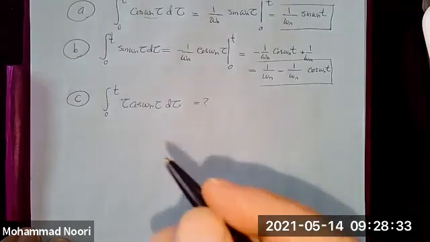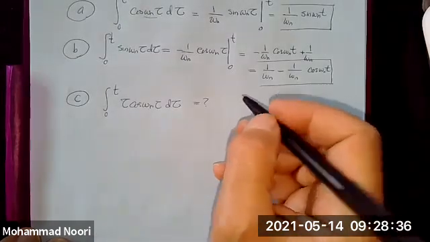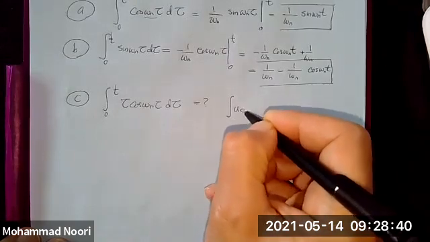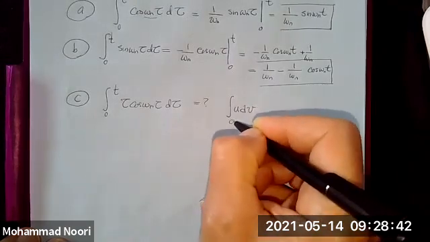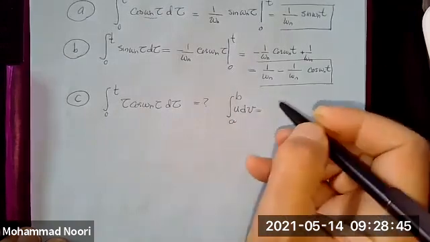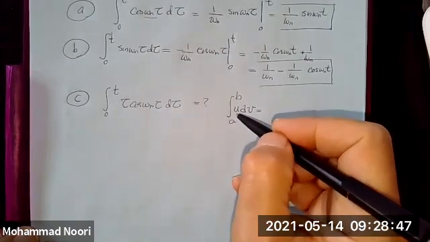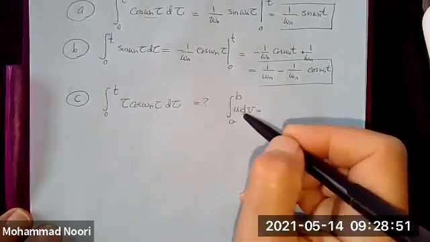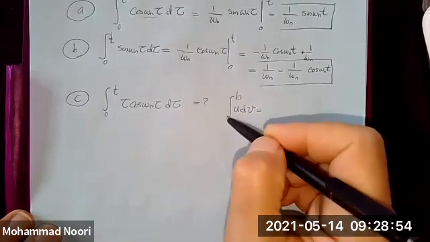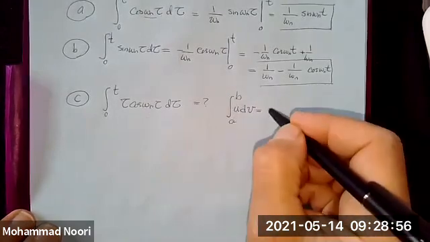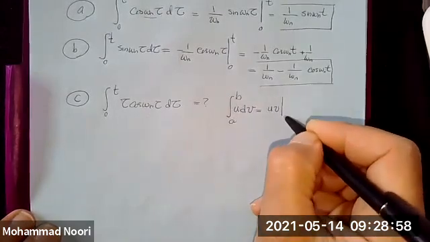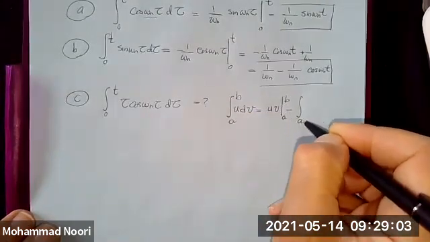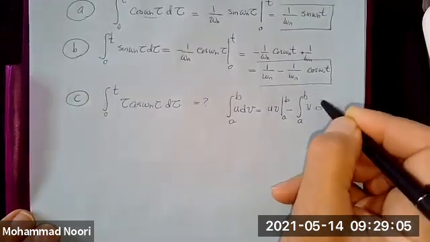What was integration by parts? The integral of u dv: if you consider one of those two functions that are multiplied as u, the other one as dv, the integral of u dv is always u v evaluated between the bounds minus the integral of v du.